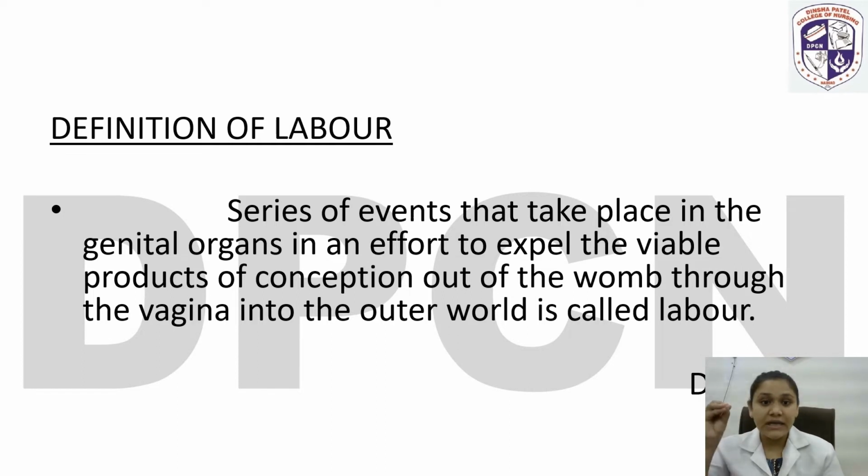There are certain series of events that take place in the genital organs of the mother in an effort to expel the viable products of conception out of the womb, in the sense of the uterine cavity, through the vagina into the outer world. That is called labor.